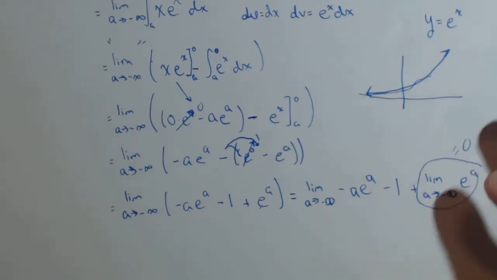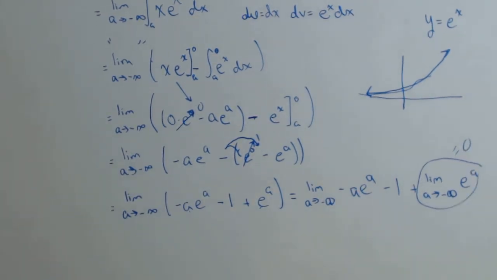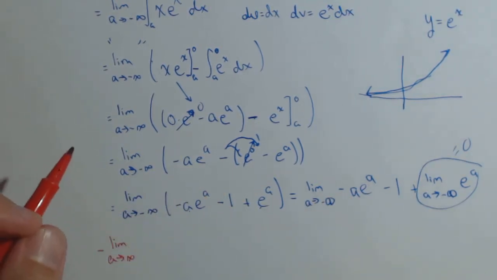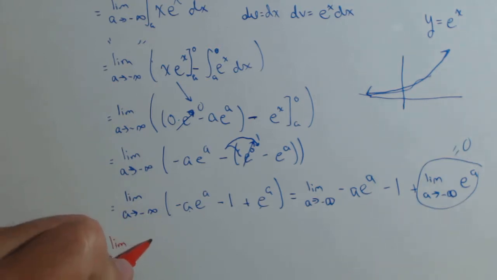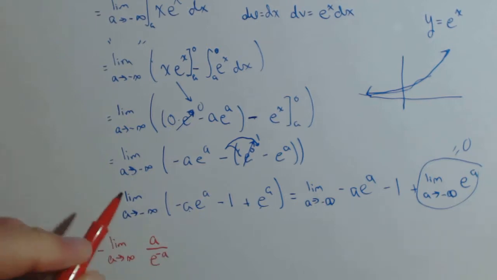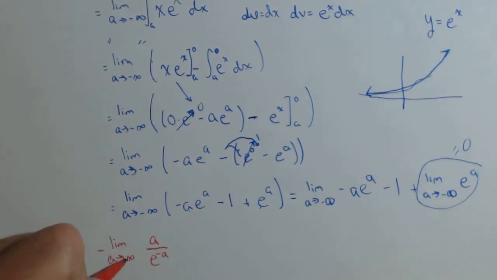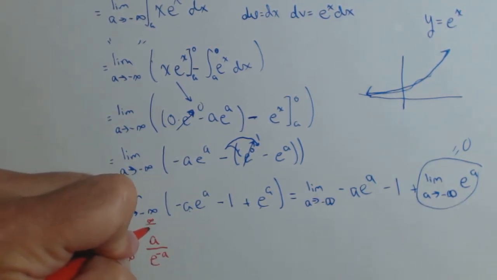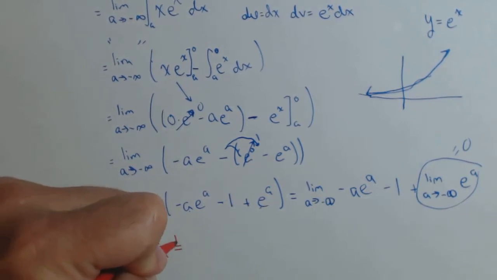So let's do a little bit of scratch work on that, and then we'll come back. We're just going to look right now at the limit as a goes to negative infinity. I'm just going to pull the negative out front of a e to the a. Probably the easiest is to write it as a over e to the negative a. This is to negative infinity. Now we have a negative infinity over infinity case. So this is an infinity over infinity. It qualifies for L'Hopital's rule.